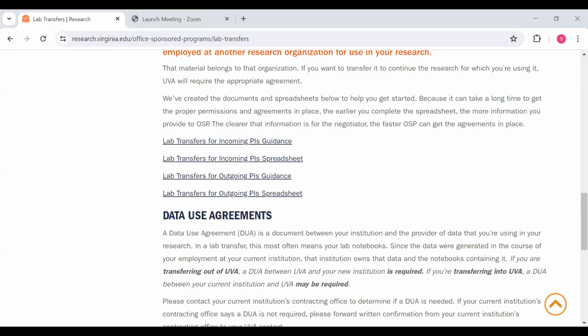So all of this is available to the field through those different links right there.